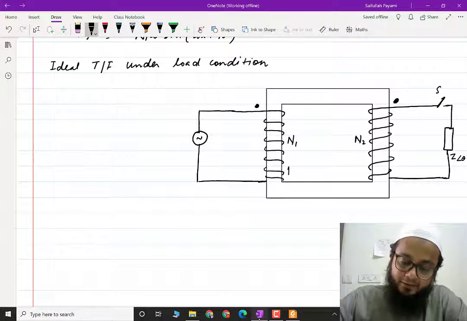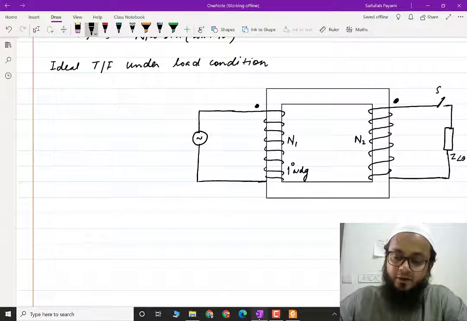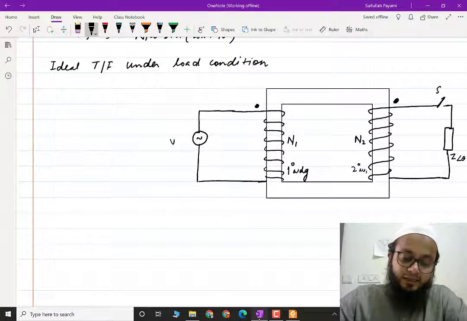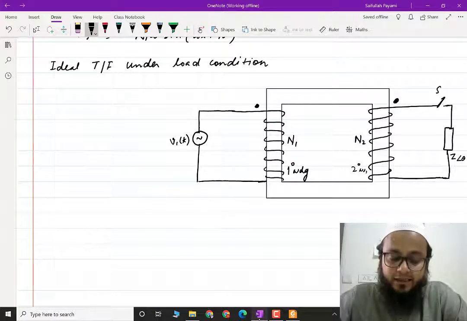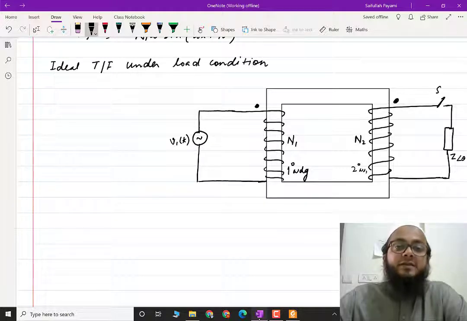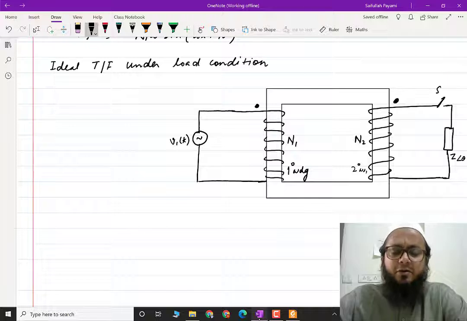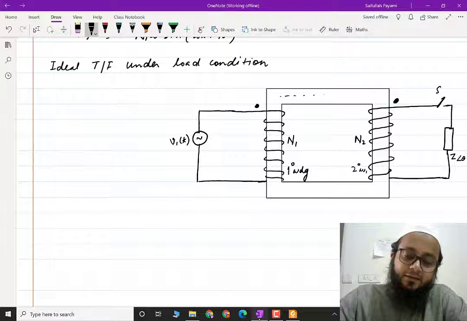For primary winding I am writing 1 degree WDG, and for winding I am writing WDG. The secondary winding is this one. Under this condition, if the primary winding has been energized by a sinusoidal source, obviously the core is having infinite permeability, so it will draw very minimal or almost zero current to establish the flux here.